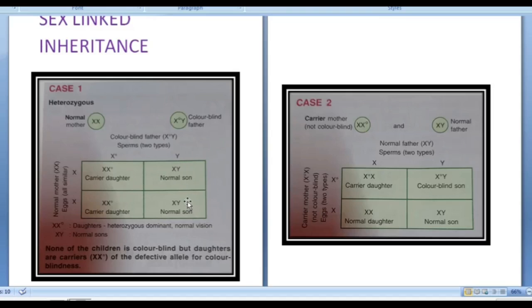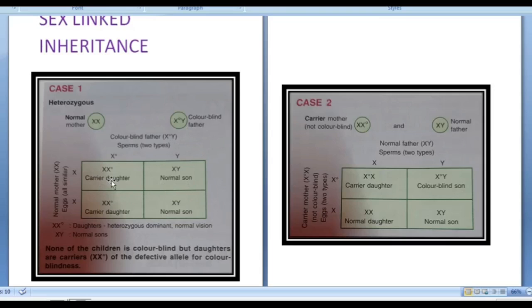Both the sons will be absolutely normal because the son is inheriting from the mother, who was normal, only the normal X chromosome. The father is the colorblind person over here. And the Y chromosome does not carry this gene, so the son is totally normal.